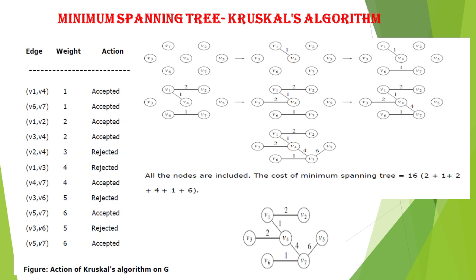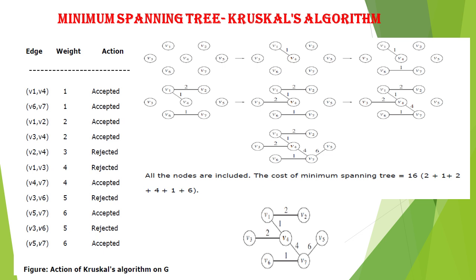Based upon the ascending order of weight, we are going to include the edges in the tree. First one, V1 to V4, the weight is 1. So include the edge from V1 to V4 with weight 1. While including an edge in the tree, we must consider that it should be a minimum value and it should not create any cycle.